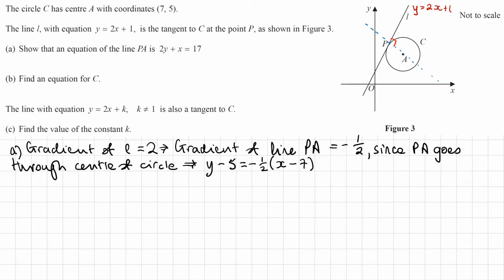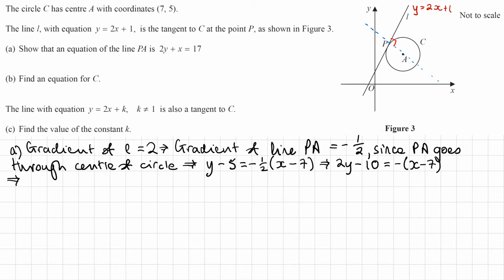7. Now we need to get it into this form here, so I guess let's start by multiplying both sides by 2 to get rid of this half here. So we'll have 2y minus 10 is equal to negative x minus 7. We want to bring the x to the other side.